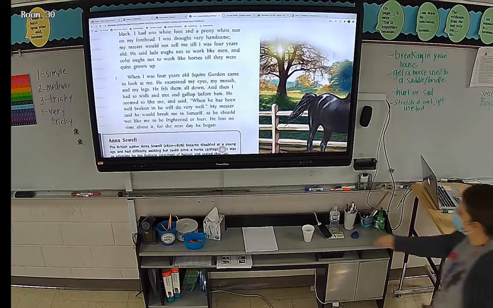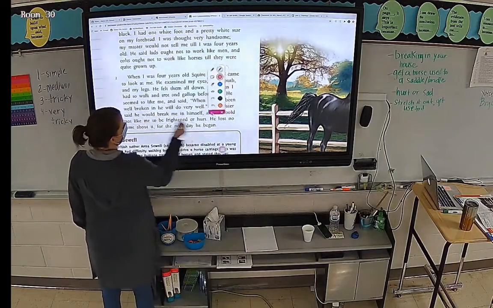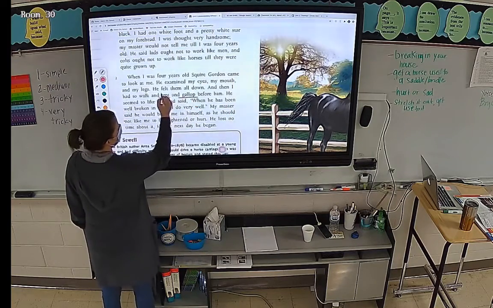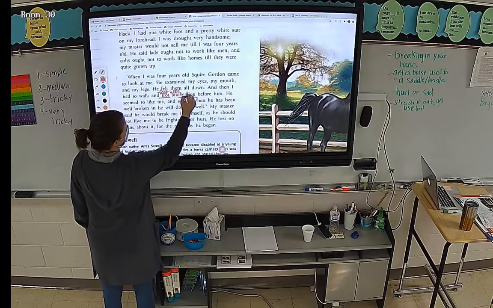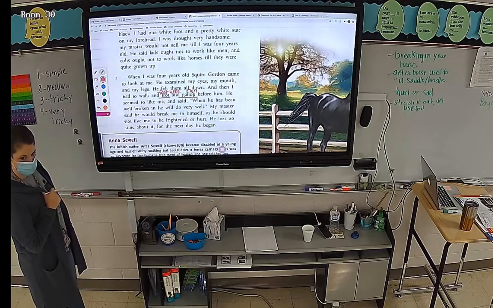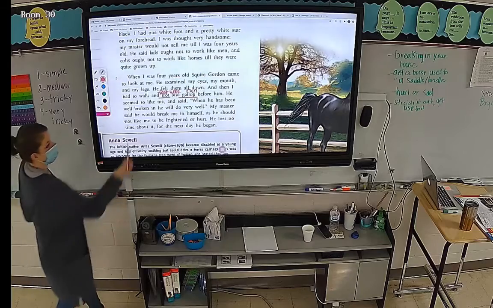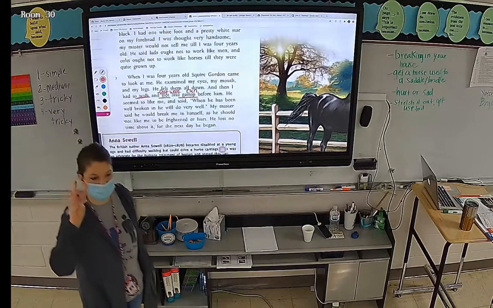Okay. What does that mean? Trot means like a fast walk, and gallop means like a run. But he also had to do what? Just a normal walk. So he had to walk, he had to trot, and he had to gallop.